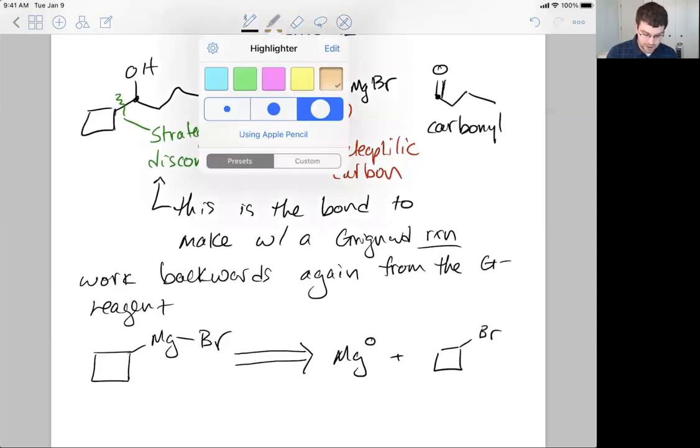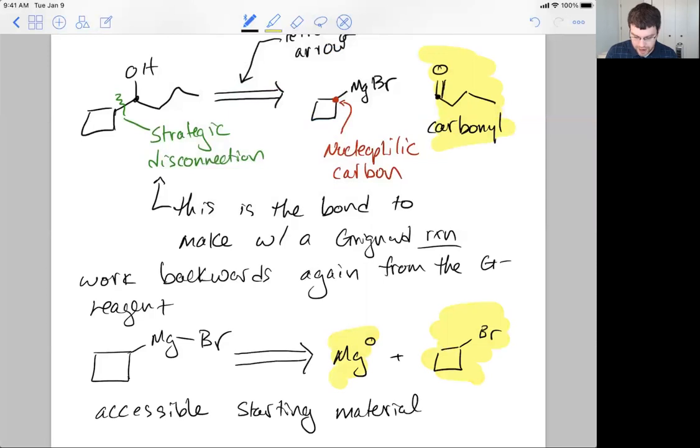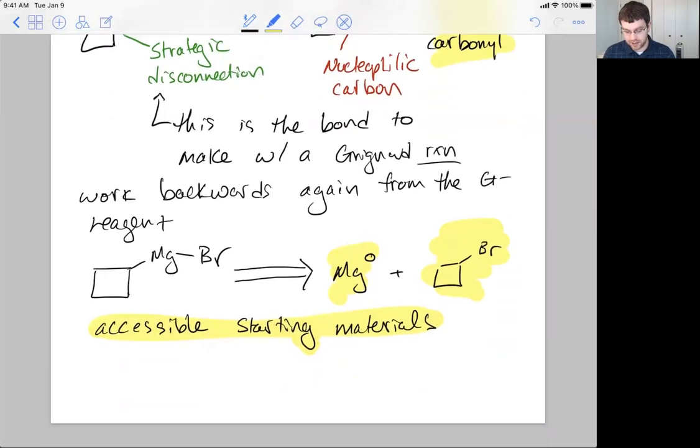And by good, I mean accessible. I'm going to highlight those in yellow, and magnesium, sure. These are our accessible starting materials. So we worked backwards to get to our accessible starting materials using retrosynthetic analysis.